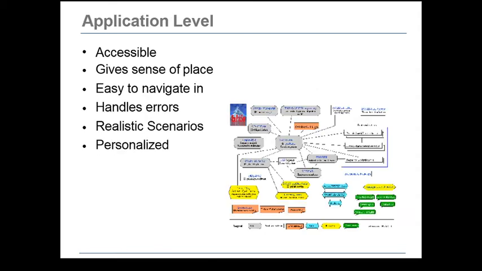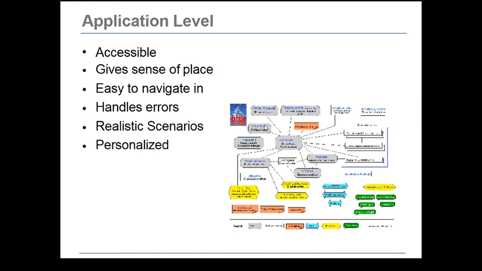What is the application level? We require accessible, gives a sense of place, easy to navigate in, handles errors, realistic scenarios, and personalized. So whenever you are developing an application, your application will handle the errors, it will be accessible, so all these parameters will be passed by your application.